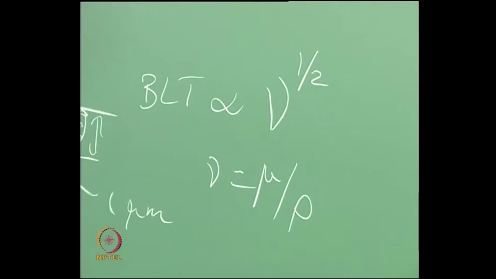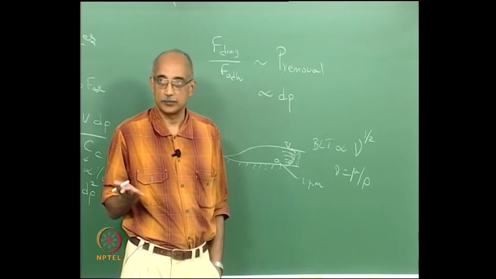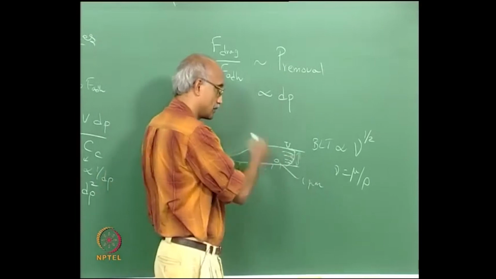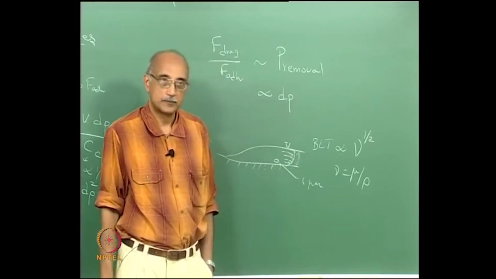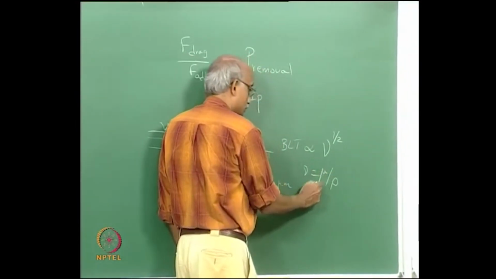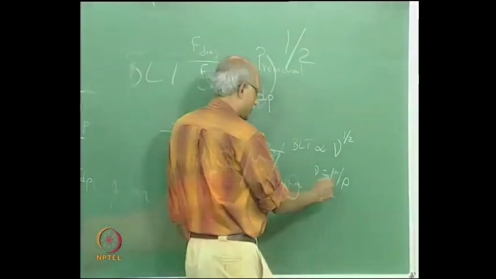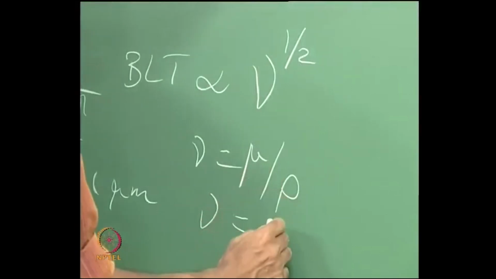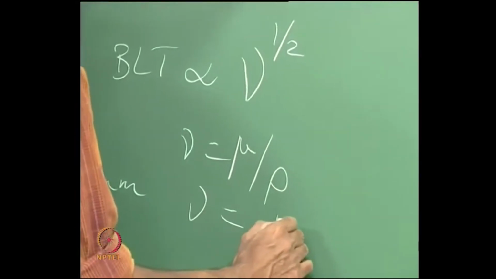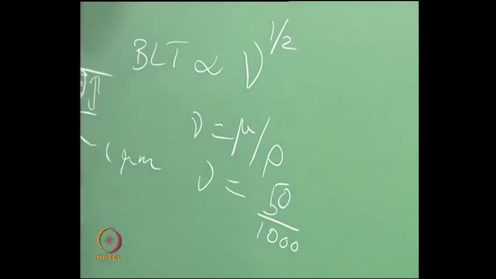Now mu, the viscosity of a liquid, like I said, is 55 times that of air, but how about density? Density is 1000 times greater for a liquid compared to air. So this ratio nu, which is equal to mu divided by rho, for a liquid, let us say the viscosity is 50 times higher, but the density is 1000 times higher.